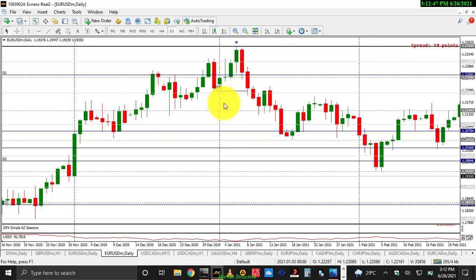Now from here you should expect a pullback, to about 50% of the range. But as I said, on the heels of high impact news, usually it wouldn't happen.